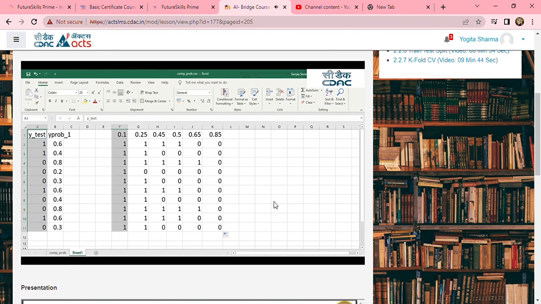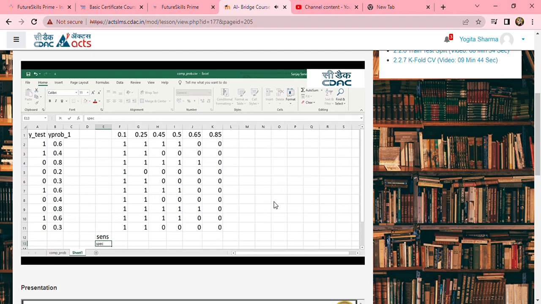With the confusion matrix we can calculate recall 0 and recall 1, that is, sensitivity as well as specificity. So for each one of these thresholds we calculate sensitivity as well as specificity.